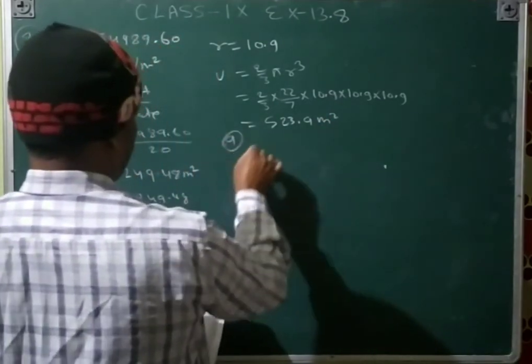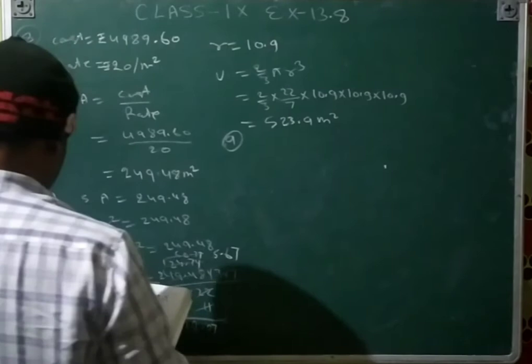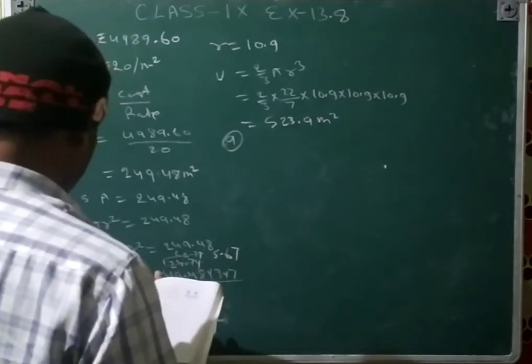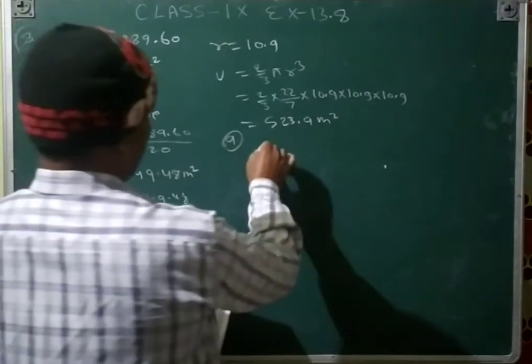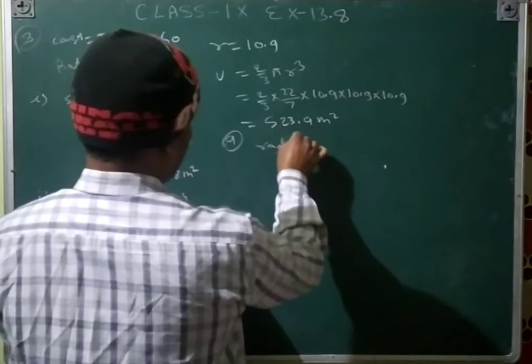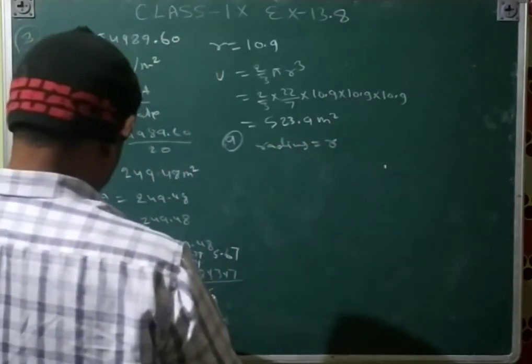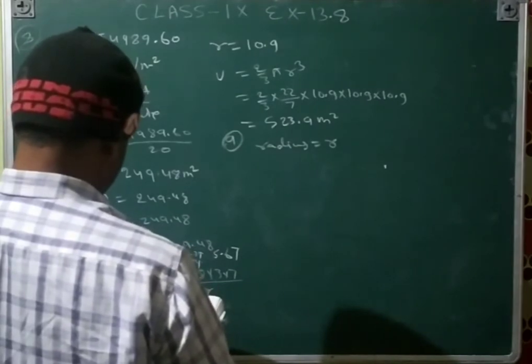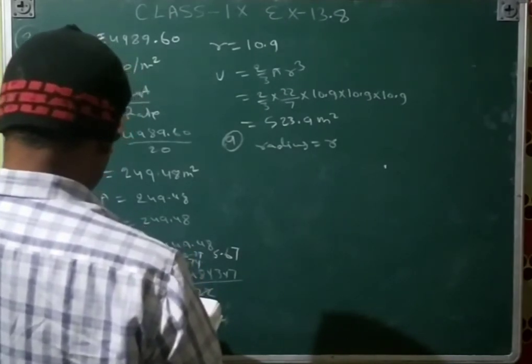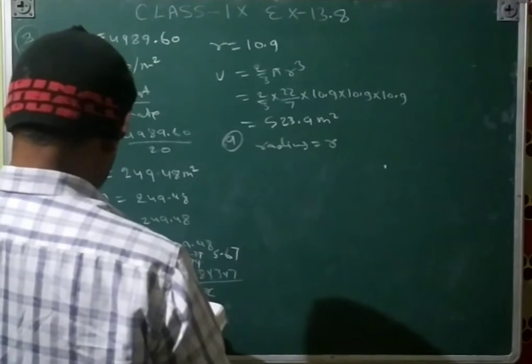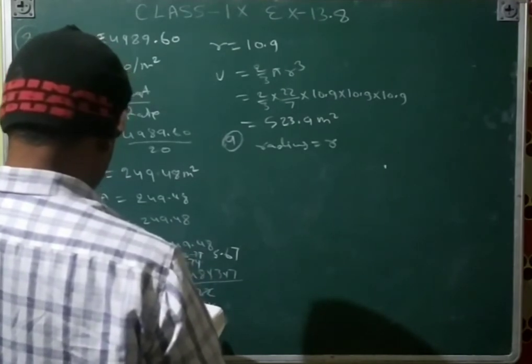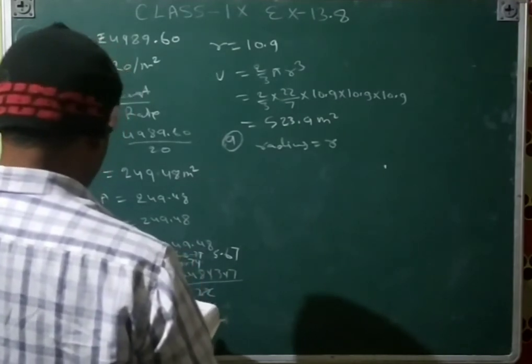That's the 9th question. 27 solid iron spheres, each of radius r, are melted to form a sphere with surface area S dash. Find the radius of the new sphere.